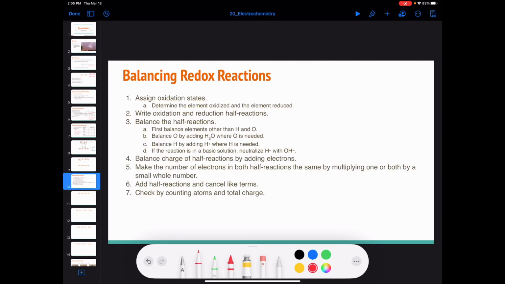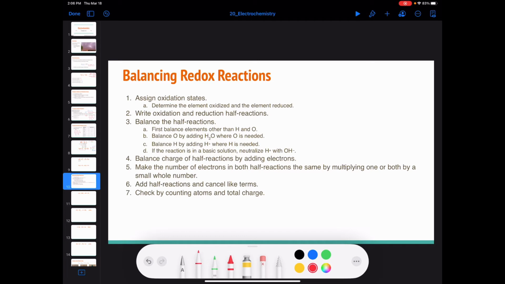Then we're going to balance those half reactions, and we do this in a very specific order. First, you balance anything other than hydrogen and oxygen. Then you're going to balance oxygen, but you can't just add in O's. You have to add in water, okay? Now, unfortunately, that means you're also adding a bunch of H's, right? So then you have to balance your H's by adding H+. And then, if it's in acidic or neutral solution, you just stop there.